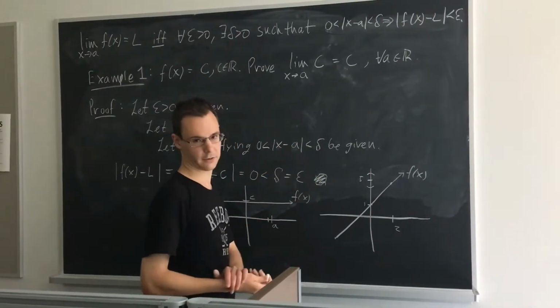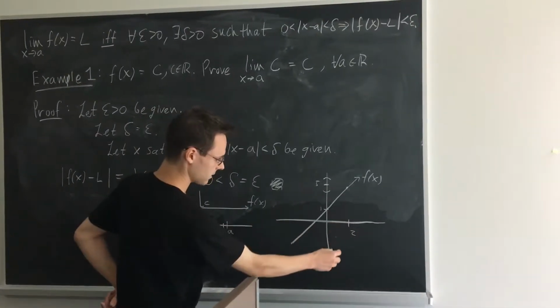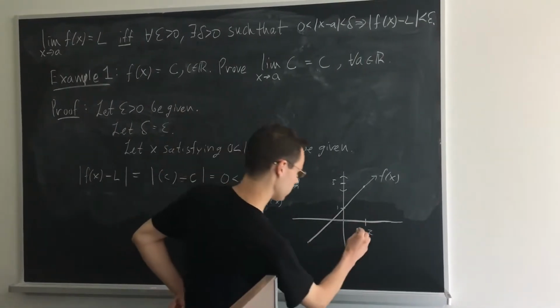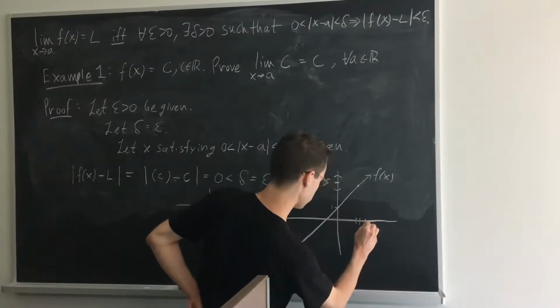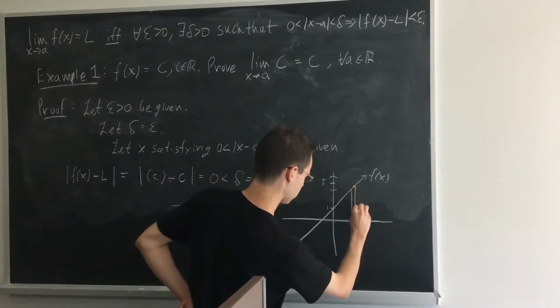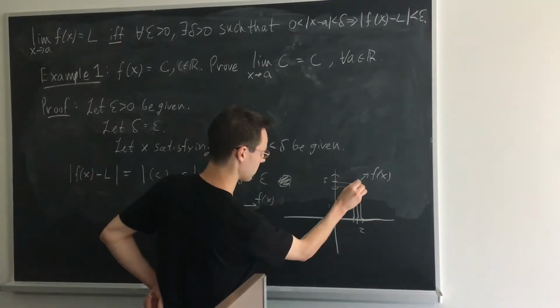It looks like it's about length 1 here, okay? Then we'd need our deltas to be chosen a half distance around 2, okay? We'd need our delta window to be smaller here, so that everything that's being fed into the function from this delta window gets mapped into the epsilon window.